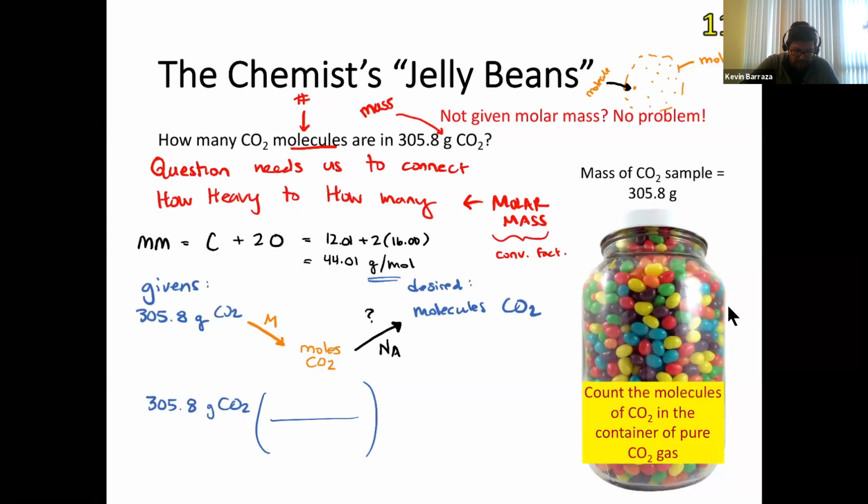Now we have to be careful to put the number in the right place. Remember, the number always goes with the unit right next to it. So the 44 has to go with the grams. So that means my grams of CO2 go on the bottom. My mole of CO2 goes on the top.